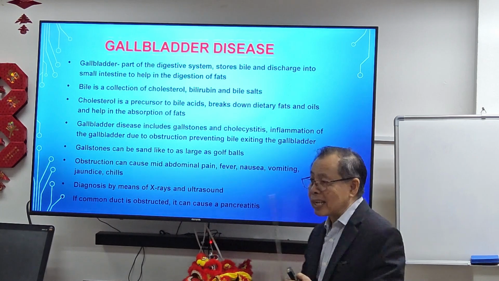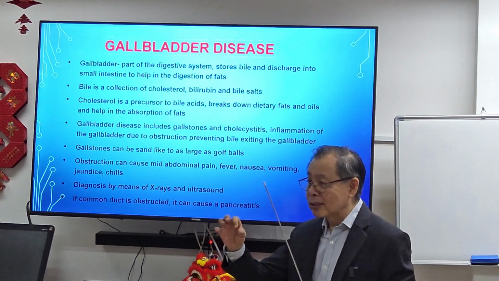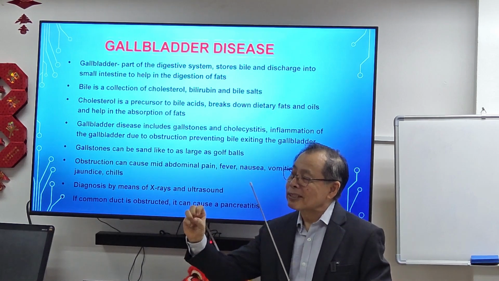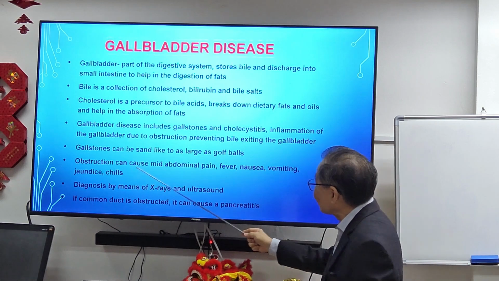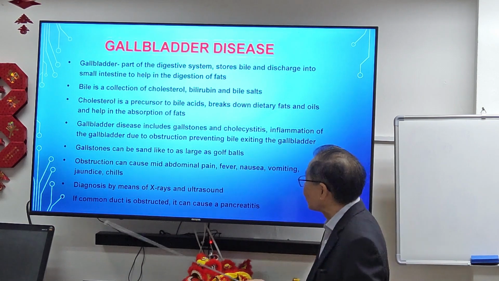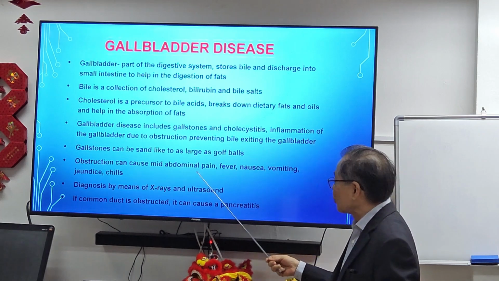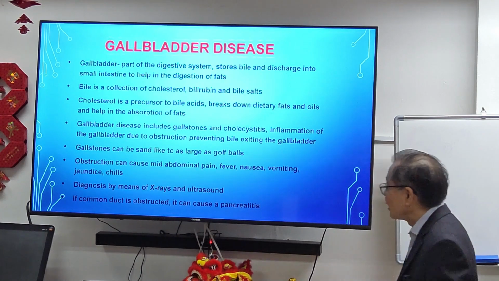Gallstones can be like sand, or as large as a golf ball, which is this size. So it can be quite large. Obstruction gives rise to pain, fever, nausea, vomiting, jaundice, and chills. And the pain is quite bad. You diagnose by X-rays and ultrasound.